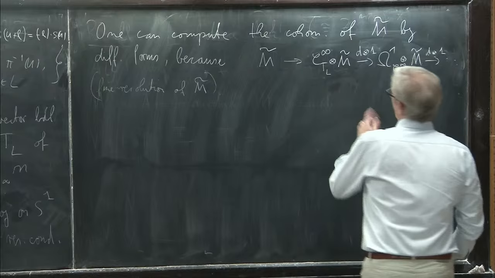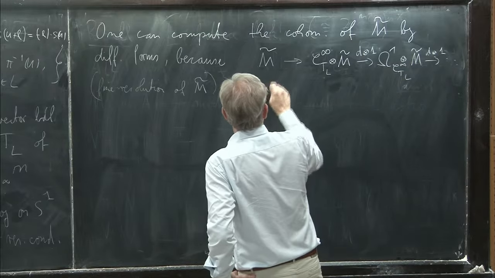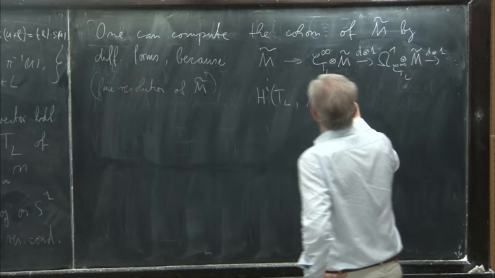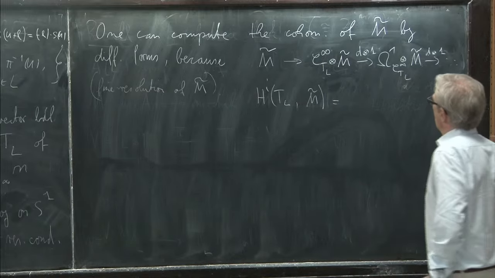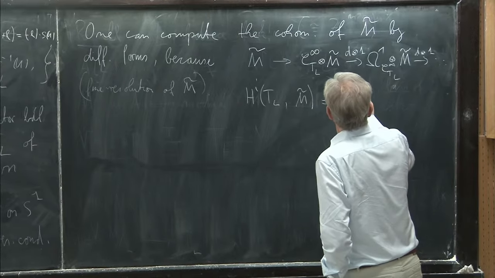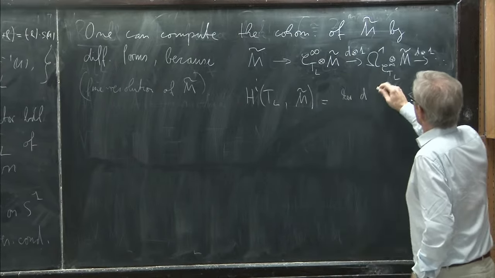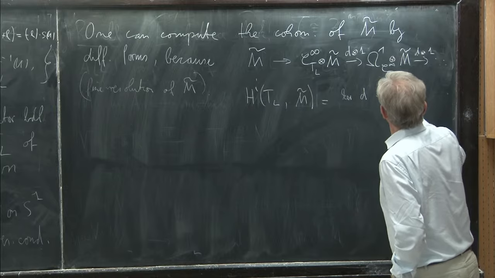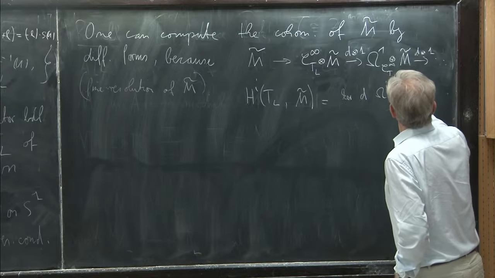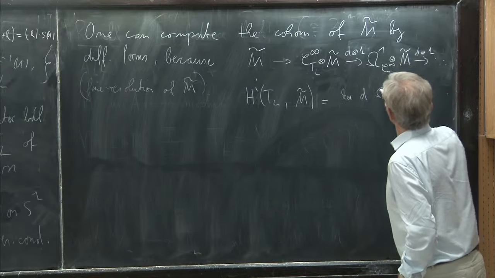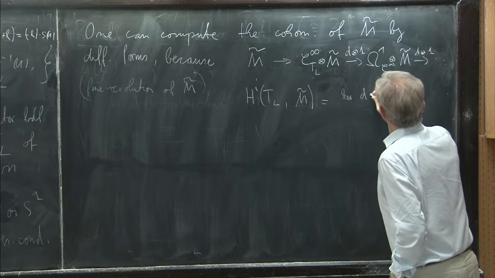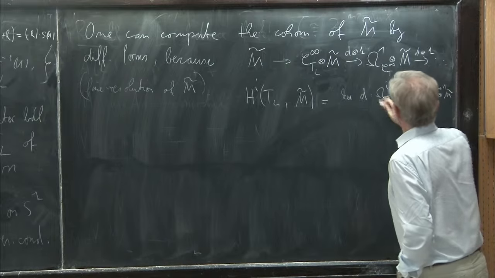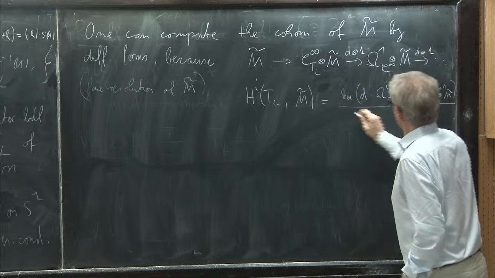So this means the cohomology groups on the torus of M tilde can be really calculated by the kernel of D on omega i C infinity tensor M tilde to omega i plus 1 tensor M tilde, divided by the image.